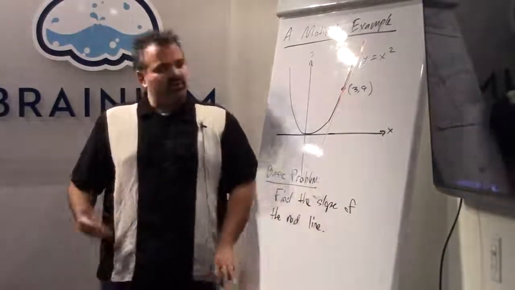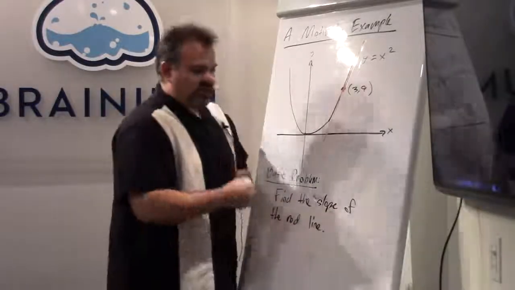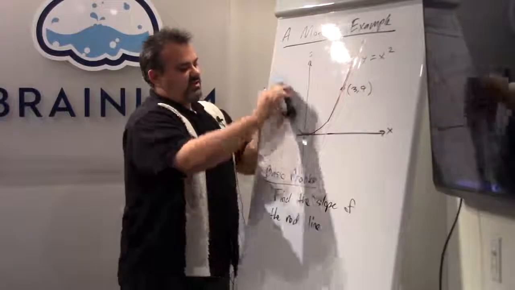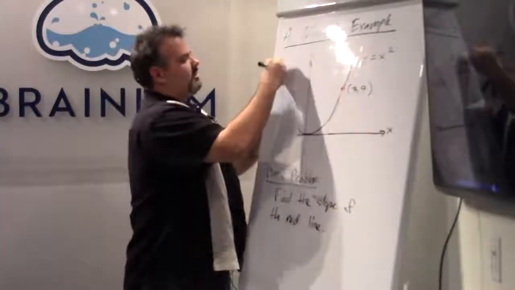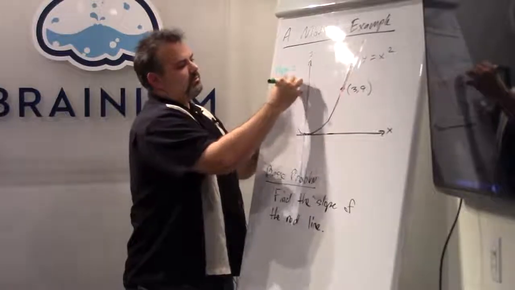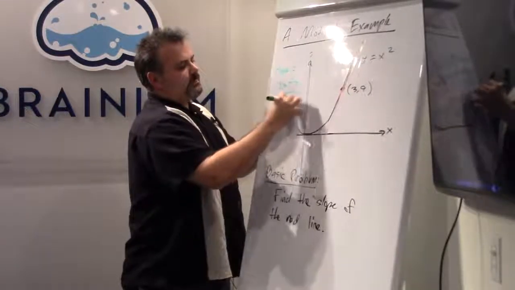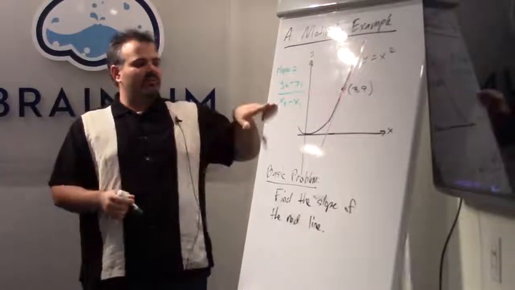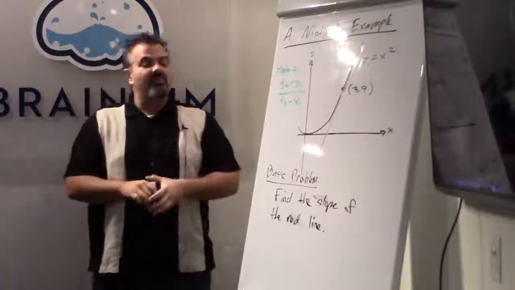Normally, when you want to find the slope of a line, you have this handy formula you can use. You take the change in the y values, and you take the change in the x values, and you divide those.